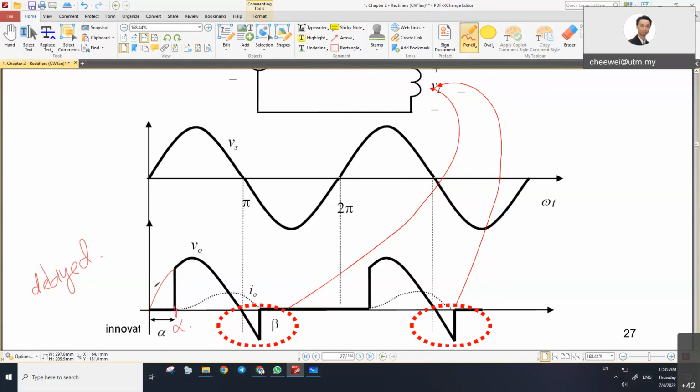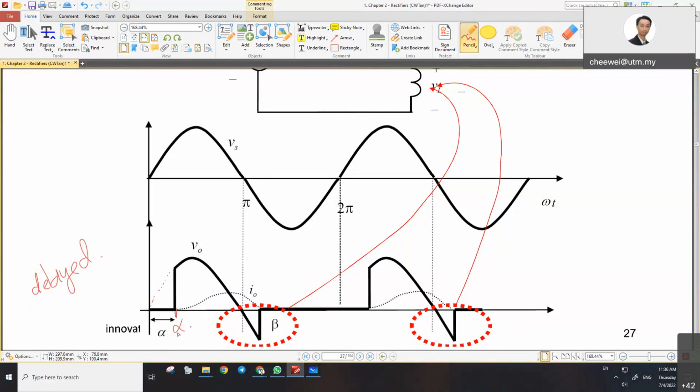So from here to here, what happened? It will become 0. Nothing happened. So the waveform still continues as usual of the Vs waveform reference until it stops at beta. Why does it stop at beta? Because the current already fell to 0. When current falls to 0, at beta, everything stops.